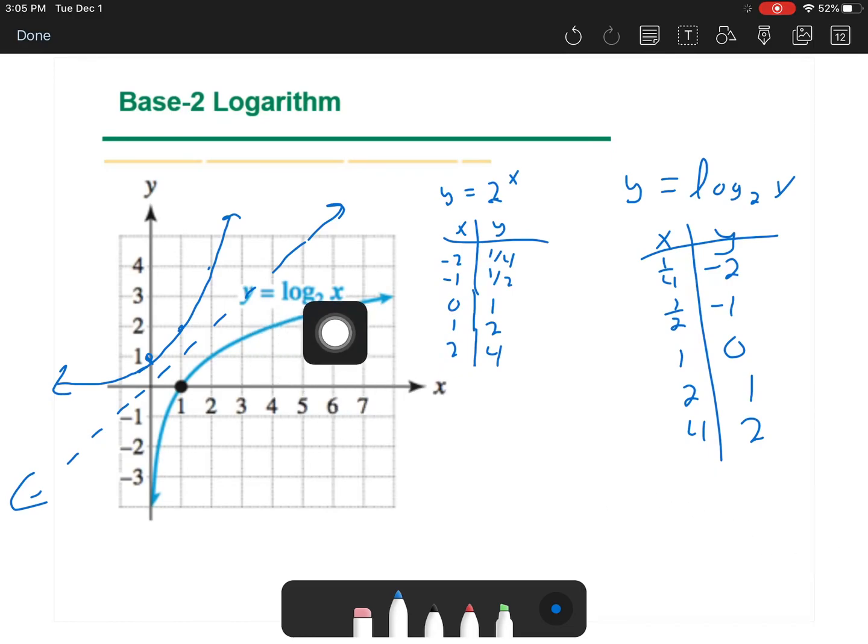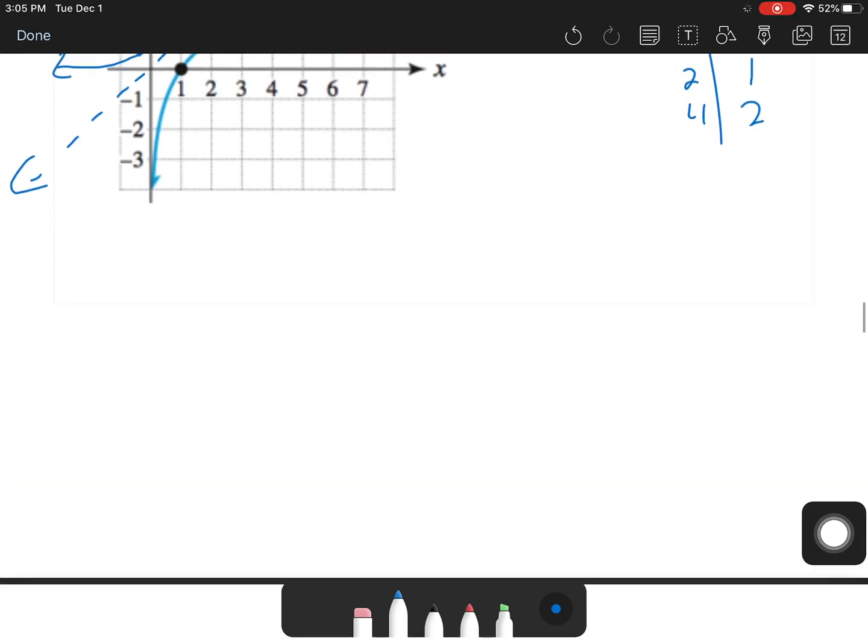Okay, so to generate a log graph by hand, I would graph its exponential inverse, because that's easier to do. We can easily calculate plugging 2 to some power. But logs are a little more foreign, so if we generate this table, we just flip all the x and y coordinates around, and then we can create the graph for a log function.